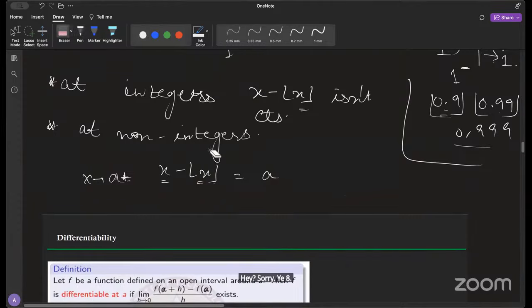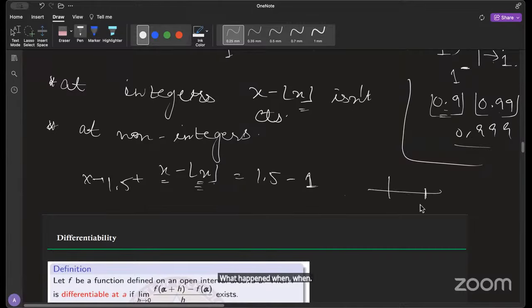Let's just take a particular number. If you take 1.5, you'll get 1.5 here, and you'll get a 1 here, right? The greatest integer will be 1 from the plus side.